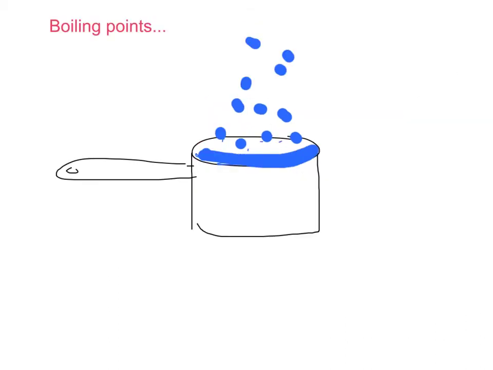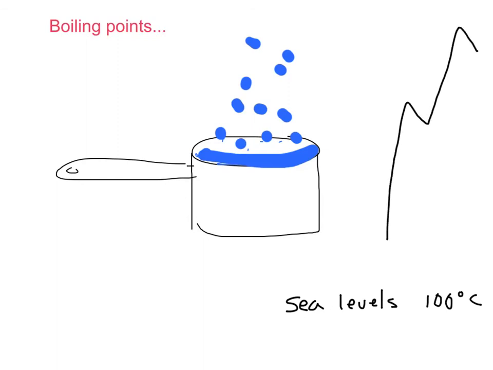Okay, so if we look at boiling points, if I'm at sea level, and I try and boil water, at sea level, water boils at 100 degrees Celsius. But the higher I go, say into a mountain, the higher I go, the lower the boiling point becomes.